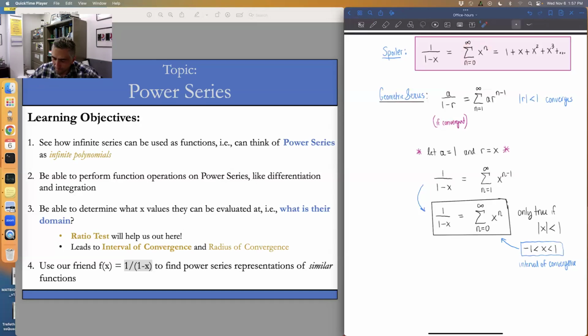So the next thing we're going to do, as I mentioned before, we're going to generate other power series based off this power series we know. And one way to do that is doing calculus on these things like we did in previous classes. We can integrate these power series, we can differentiate them. So let's go ahead and do that now.